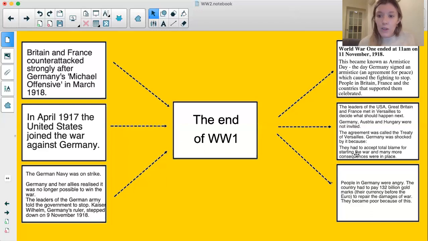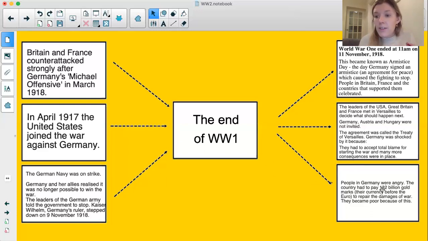They had to accept the total blame of starting the war, and many other consequences were in place. Their army were restricted to 100,000 men. They were restricted to the amount of submarines they could build, the artillery they had. Other places that Germany owned were stripped and taken away from them. So it really hit them hard.